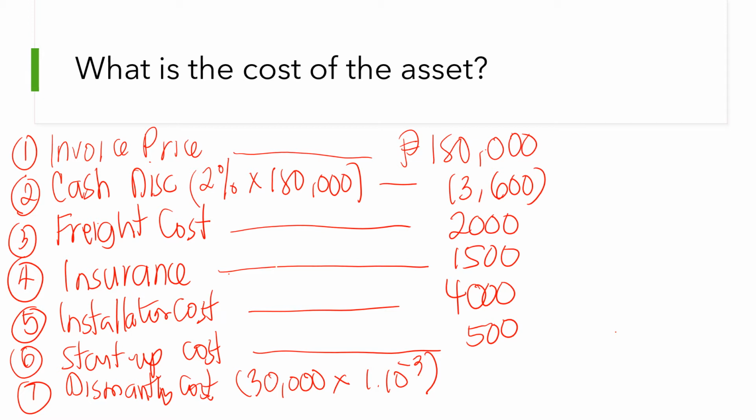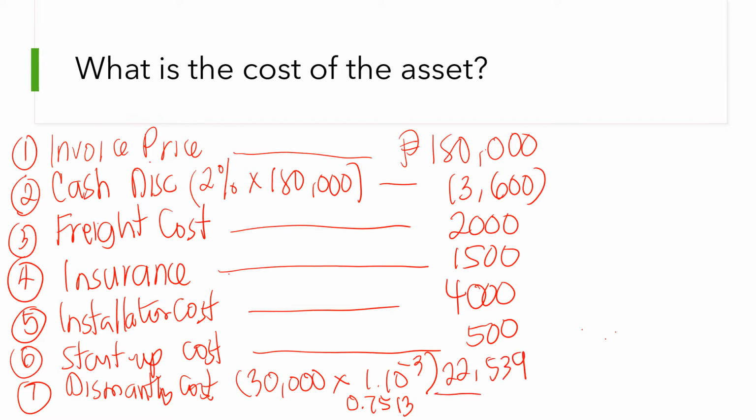I'm using a 4 decimal place factor for the present value. So 1.10 raised to negative 3 will give us 0.7513. So 0.7513 times 30,000.